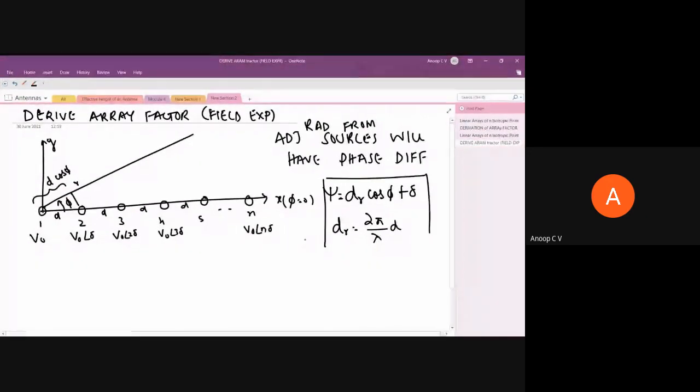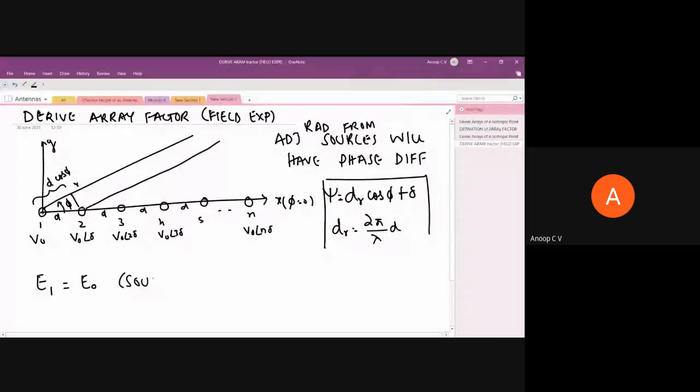We know that, right? And the field due to source 2 will be advanced relative to that of source 1 by an amount psi. So I can write here, E1 is E naught. This is the source reference.